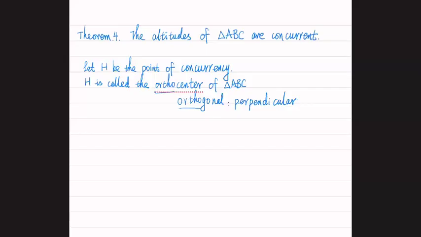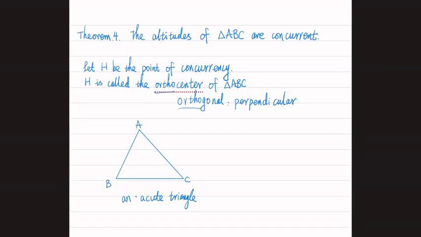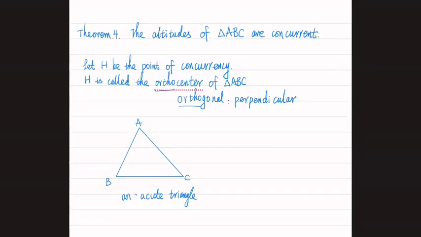For an acute triangle, we have A, B, C. Acute triangle. We draw the altitudes, perpendicular lines.